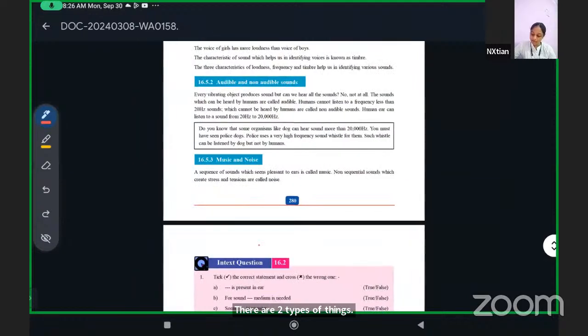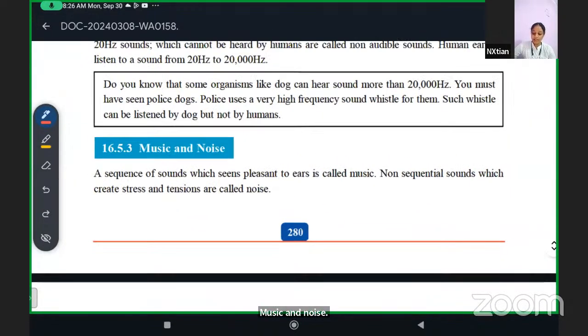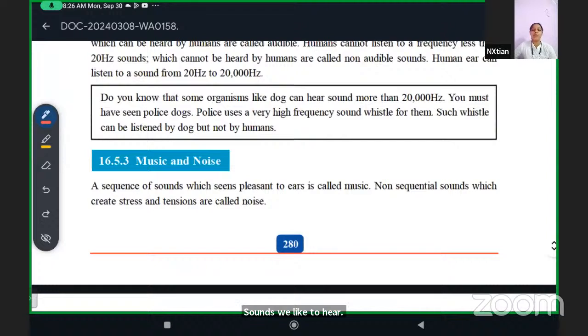So there are two types of things: music and noise. Some types of sounds we like to hear, right? But some types of sounds are there which we do not like to hear. The sounds which are pleasant to hear, that we like to hear, are known as music.